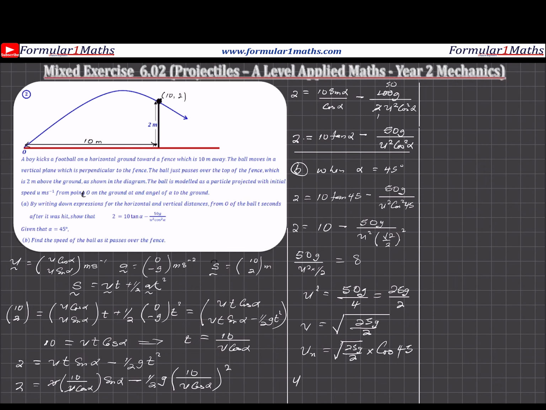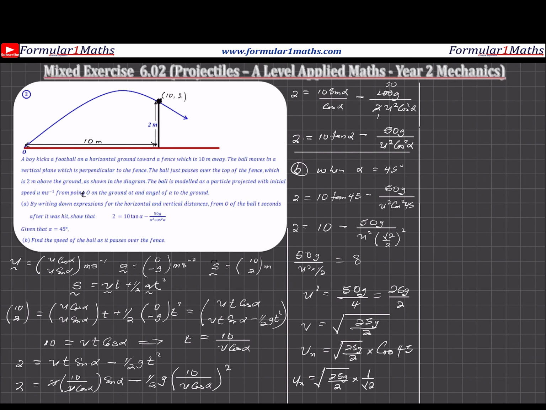So ux will be equal to the square root of 25g over 2 times, and cos 45 is 1 over root 2.